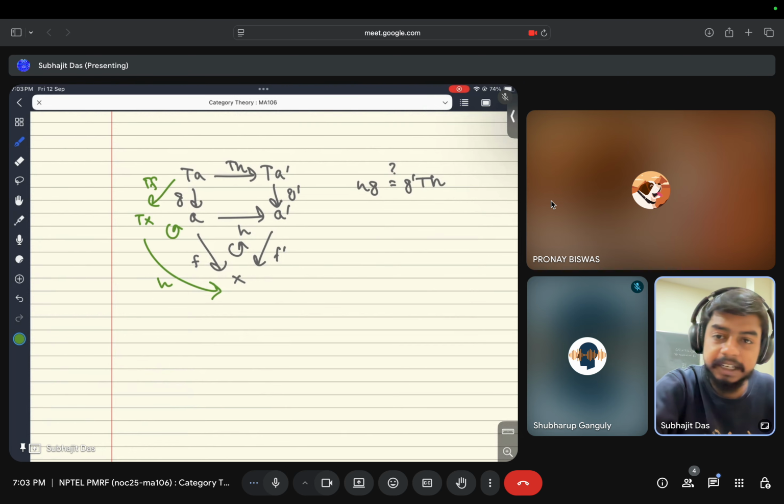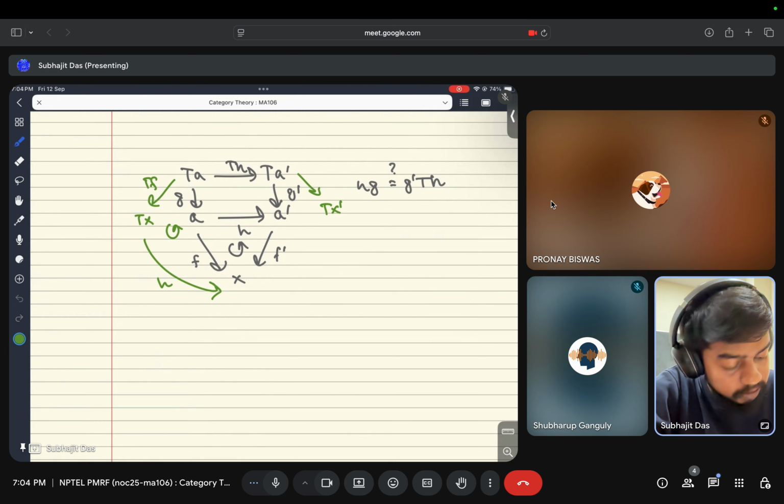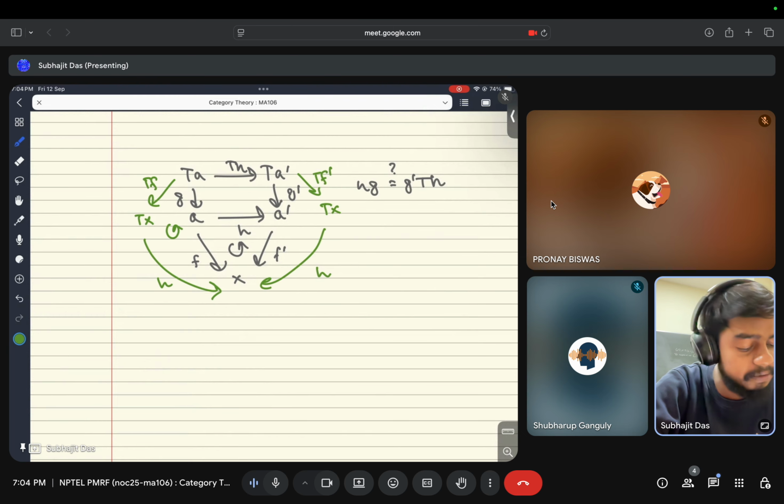This commutes, right? And going from TA prime to A prime to X prime is the same as going from TA prime to TX prime to TX to X. Again, you have H here and you have TF prime here. This commutes.